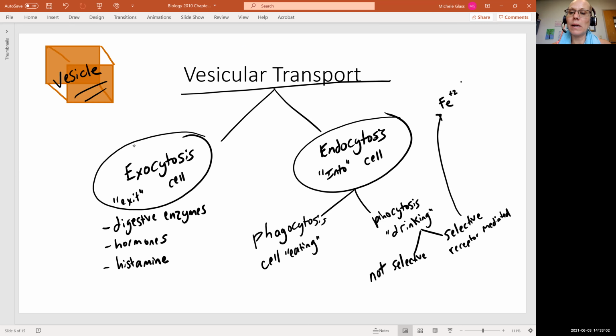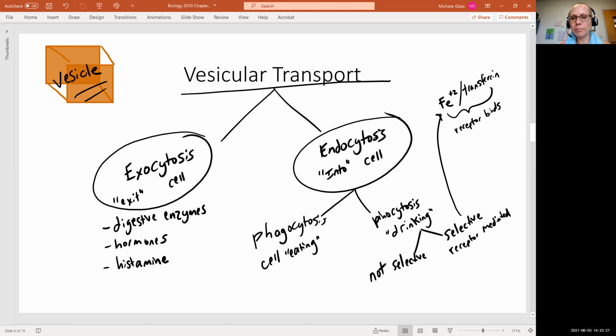The iron binds to a molecule called transferrin. And then this is the complex that the receptor binds to from the red blood cell. So the red blood cell will see this complex of not just loose iron, but iron as paired with transferrin, and that's what's brought in. So it's very specific, very selective.